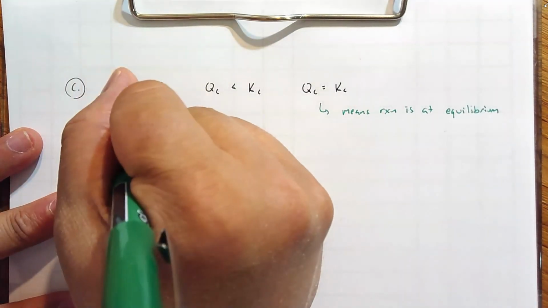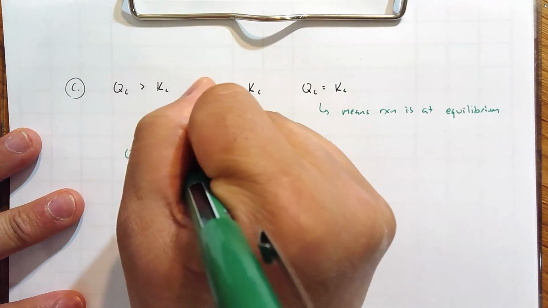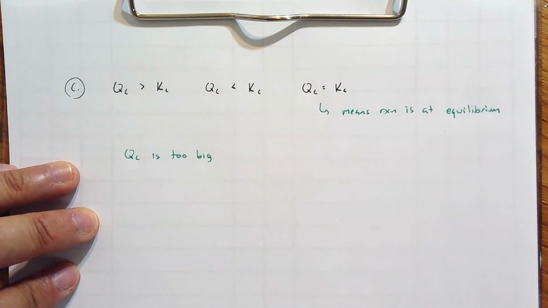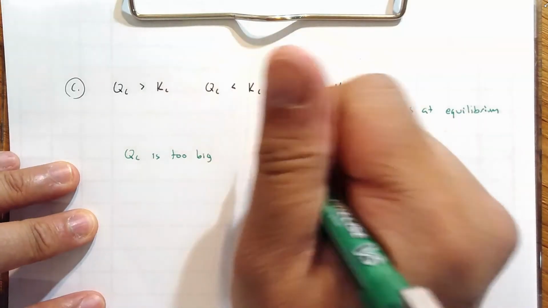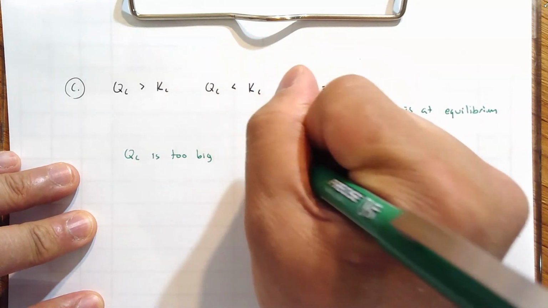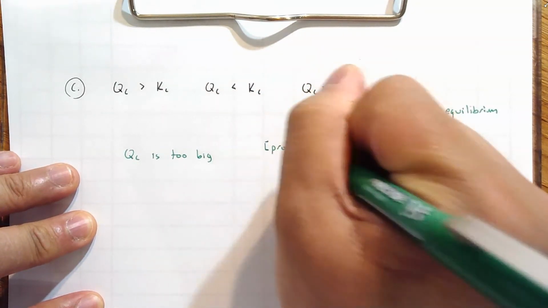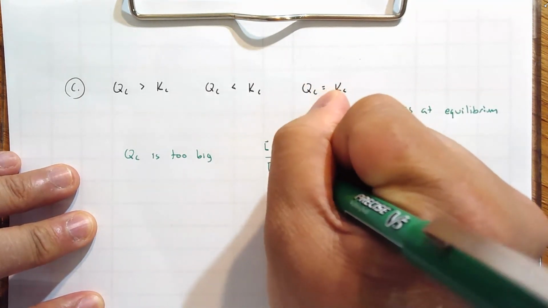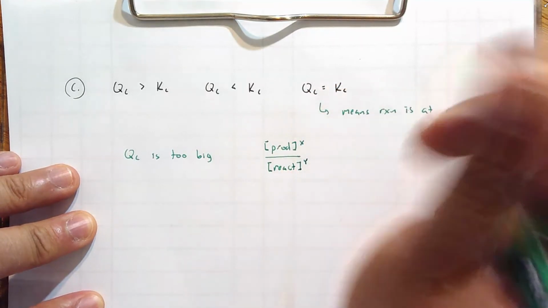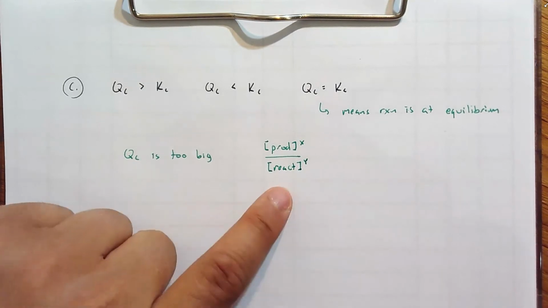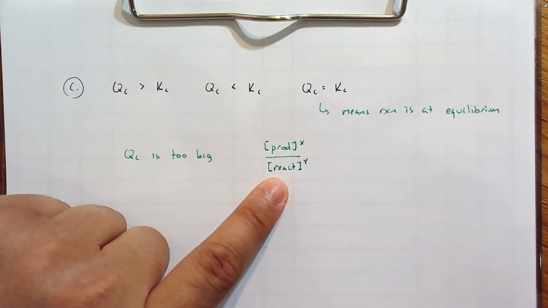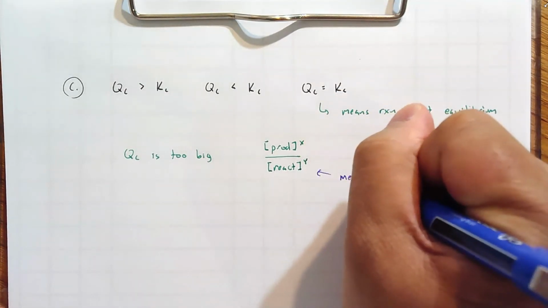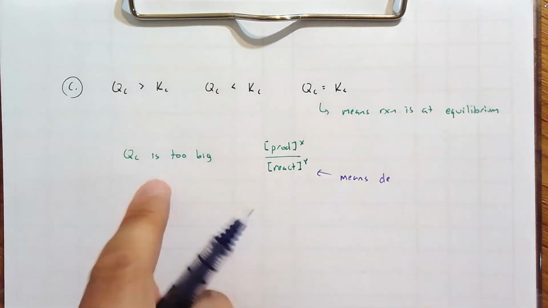Well, if Qc is too big, bigger than Kc, let's take a look at it. We have the concentration of products raised to some coefficient over the concentration of reactants raised to some coefficient. If Qc is too big, our denominator is too small, because it's off equilibrium.